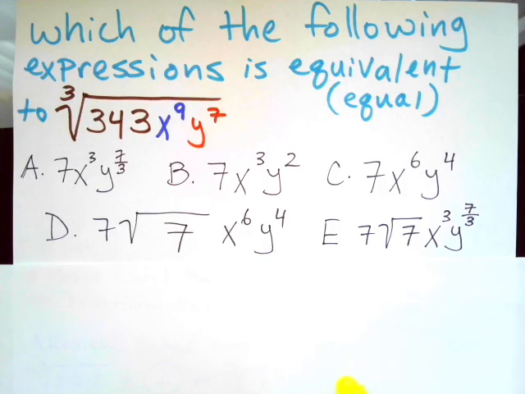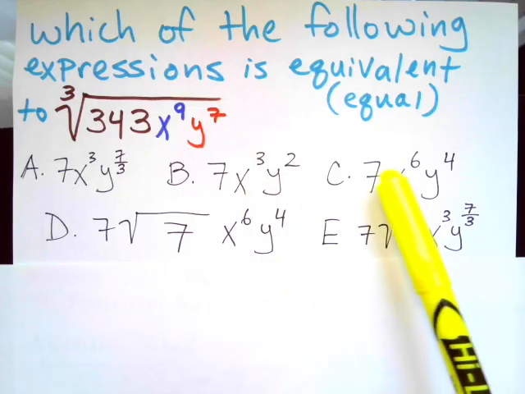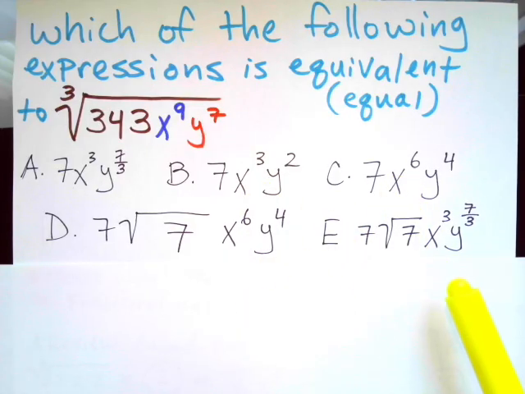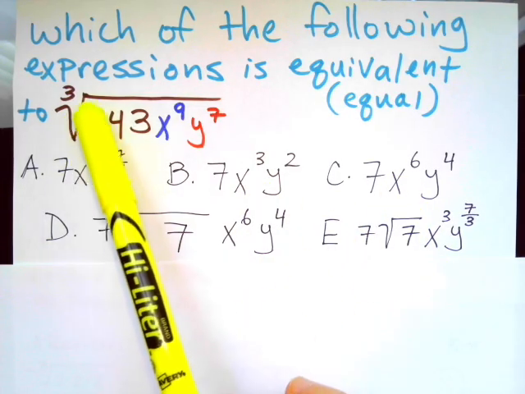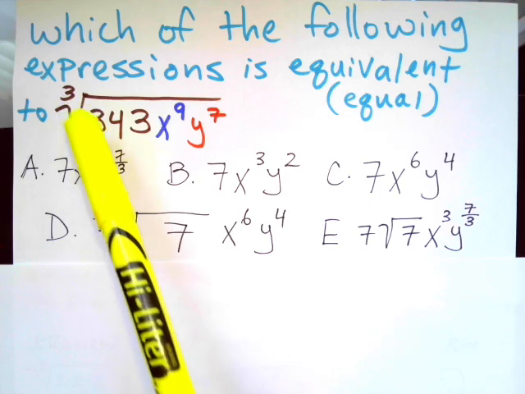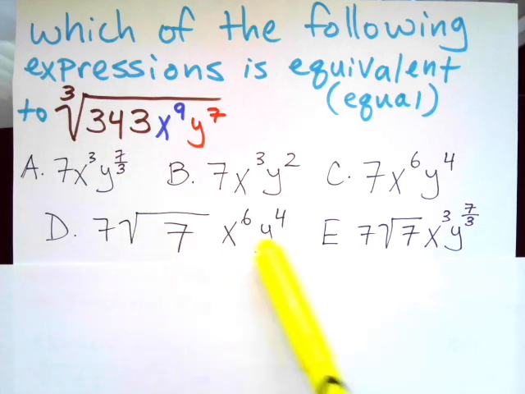So let's go through here. Right now I don't have enough information to eliminate other than, what's this? This is a cubed root, and they're leaving answers D and E in a square root. That should also be a red flag, but not enough for me to eliminate any possible answers.